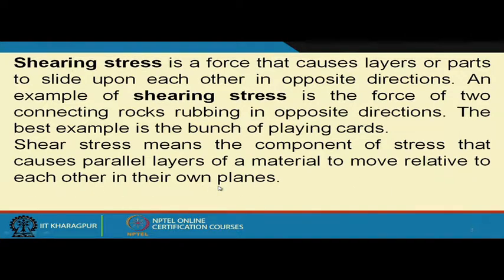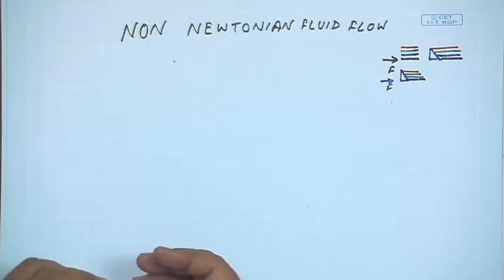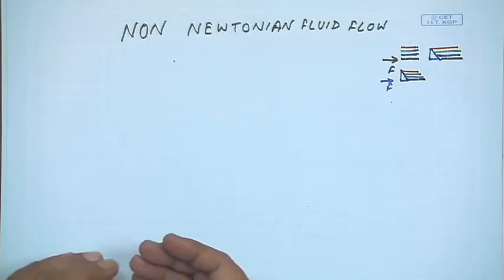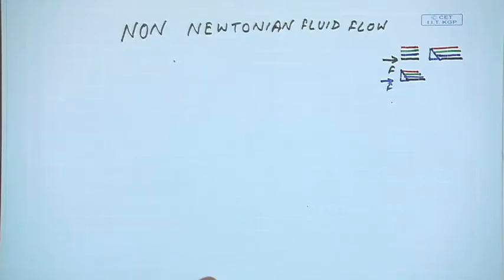So, if we consider each of these cards to be one of the planes, then this is the stress that causes parallel layers of the material to move relative to each other.